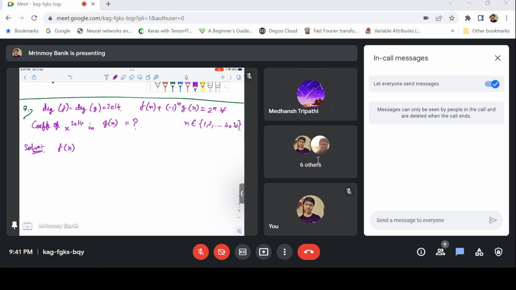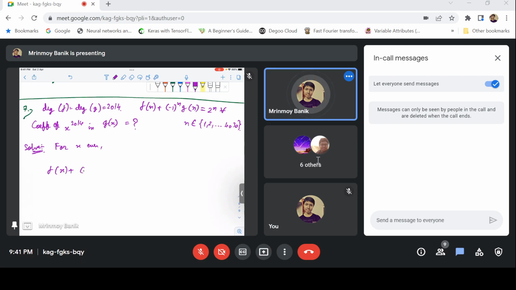We can define, for x even, because f and g are both polynomials. So for x even we have f(x) plus (minus 1) to the power x times g(x) equals 2 to the power x. Here minus 1 to the power x is 1.